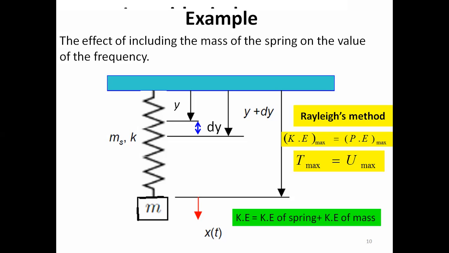So when we are modeling systems, depending upon the mass which is suspended through the spring, if that mass is too much more than the mass of the spring, we could ignore the mass of the spring.